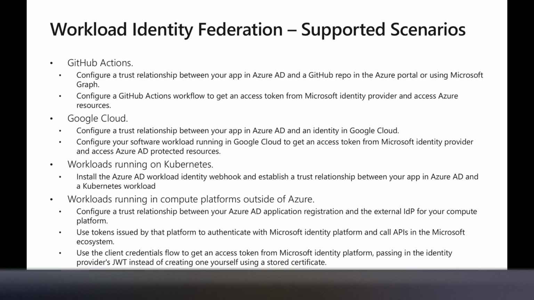That is using this workload identity federation. And then the last one is some of the workload. As long as you have an IDP that can use a JWT token, this scenario should work. Just for the demo, we are going to take a look at the GitHub Action just to see how this works end to end, and then you can apply it to other identity providers as well, like Google Cloud.